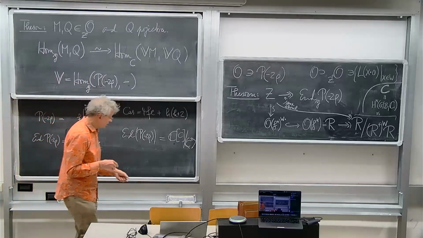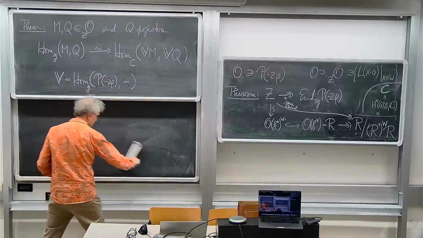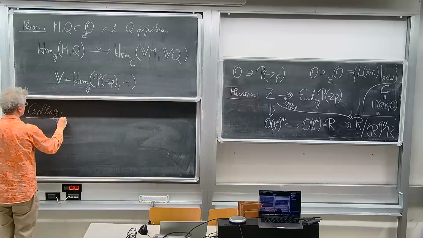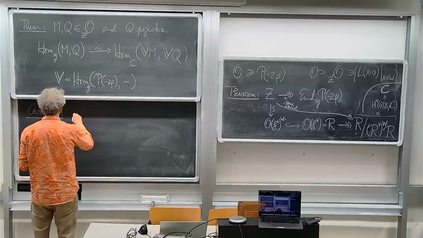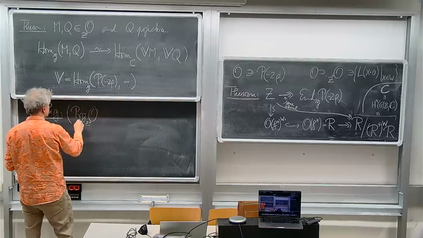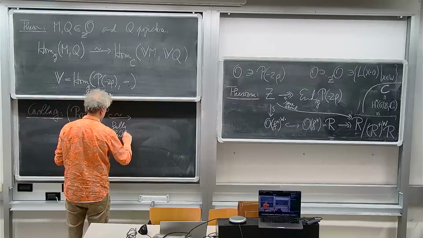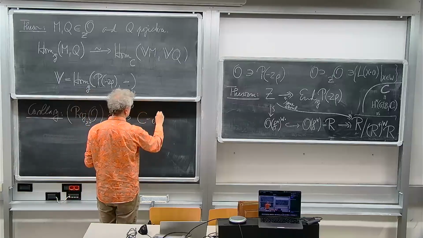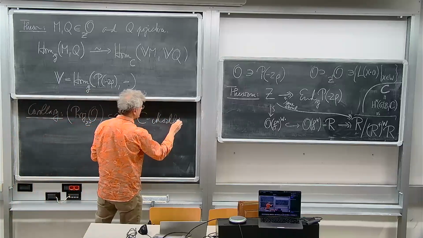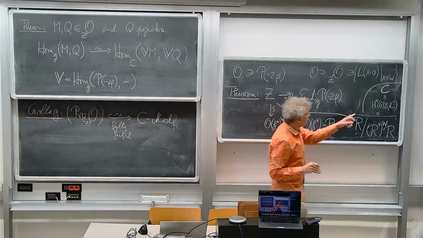And so, in particular, what you can deduce from it is a corollary: the category of projective objects from O_0 gets fully faithfully embedded into finite dimensional modules over this homology ring.